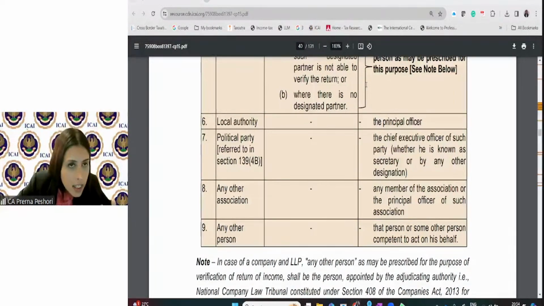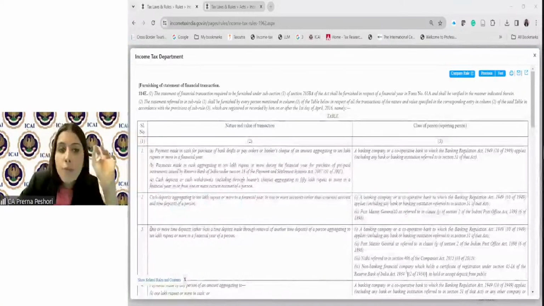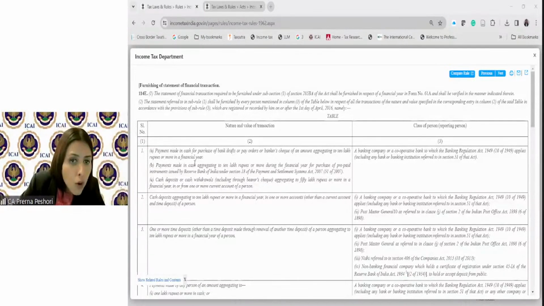And these persons who are required to file are given in Rule 114E. So who is required to furnish this statement of financial transaction? If there is payment made in cash amounting to more than 10 lakh in a financial year, or there are cash deposits or cash withdrawals more than rupees 50 lakh in the financial year.